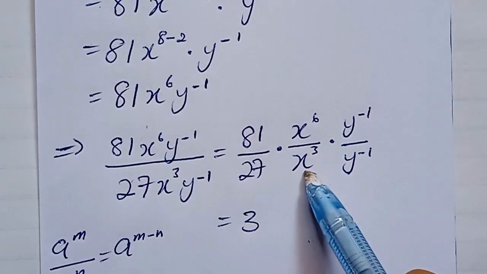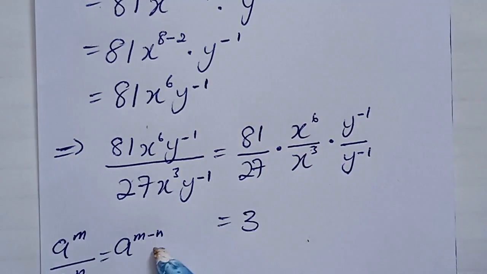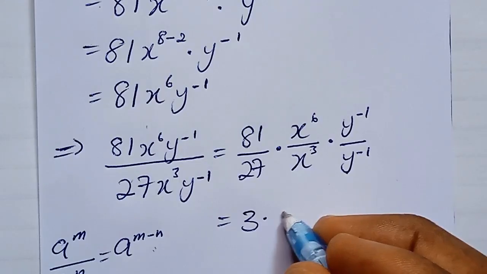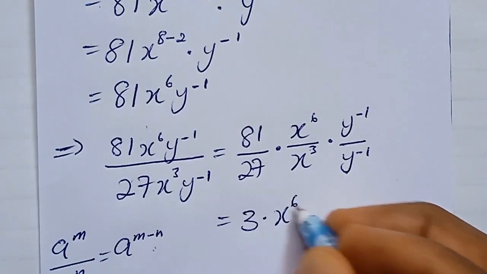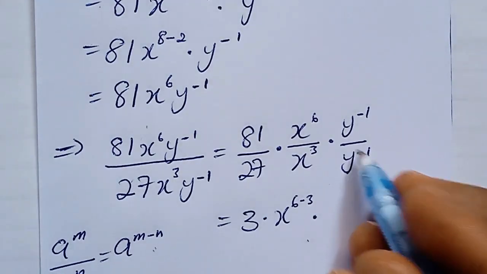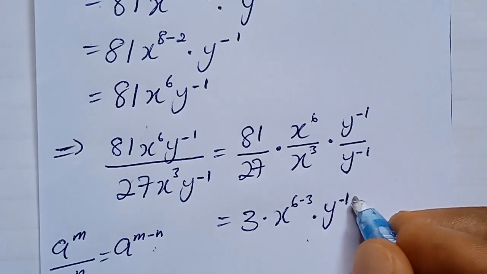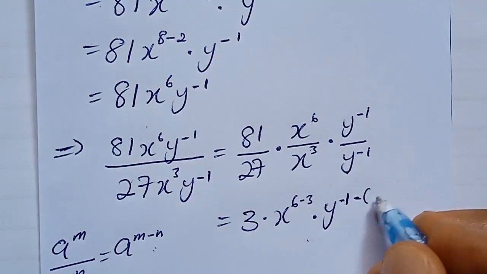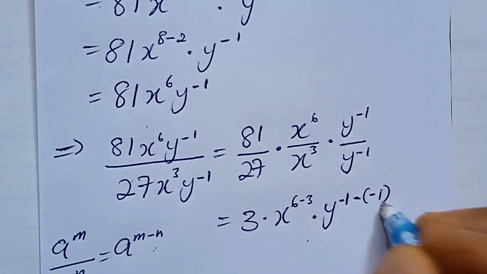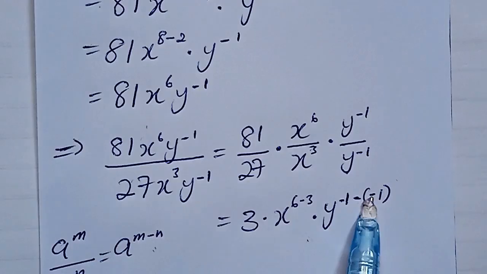So that gives us x^(6 minus 3), then multiply by y^(-1 minus (-1)). So minus multiplied by minus will result to plus.